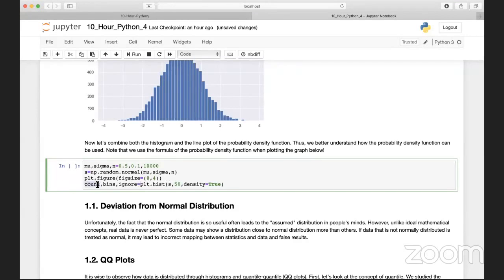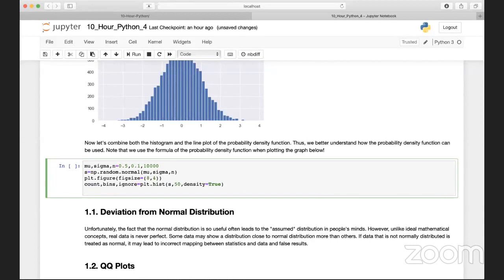So counts is the frequency that I have on the y-axis, and bins, you know that, I just ignore it. So plt plot, I'm trying to define the probability density function because I have the histogram, as you see here. I have this one, but I'm trying to get the probability density function on top of the histogram. Bins, comma, 1 over sigma. I just simply apply the formula here, the probability density formula of the normal distribution.